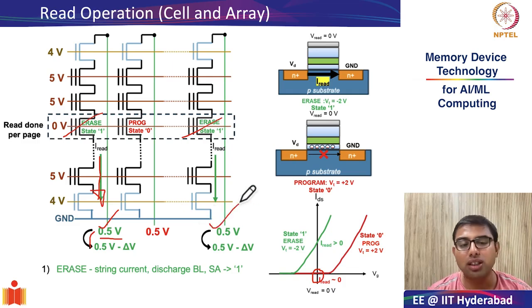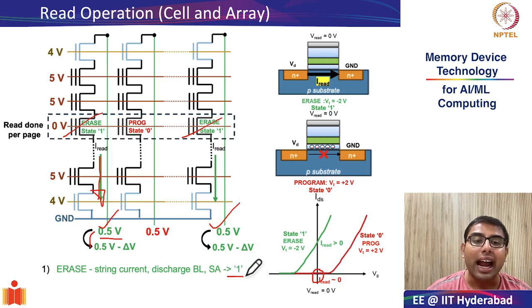And this discharge of the bit line will be detected by the sense amplifier, and we will know that for the page of our interest, the respective strings, the cell is in erase state or in state 1.